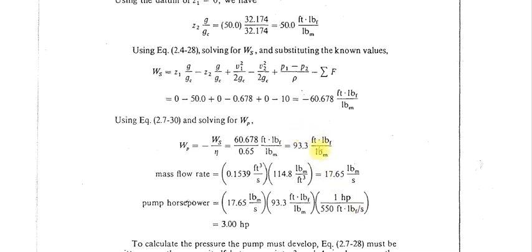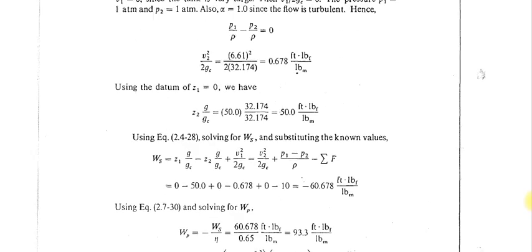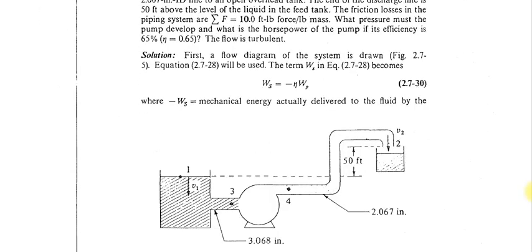This is the energy requirement per unit mass. So you have to calculate the power. Power should be the energy requirement per unit time. Horsepower is the power, so power is the energy per time, and this is the energy per mass. That's why you have to multiply by mass, and then convert this into horsepower. It will come to around 3 horsepower. So you need a 3 horsepower pump for flowing the fluid in this system.